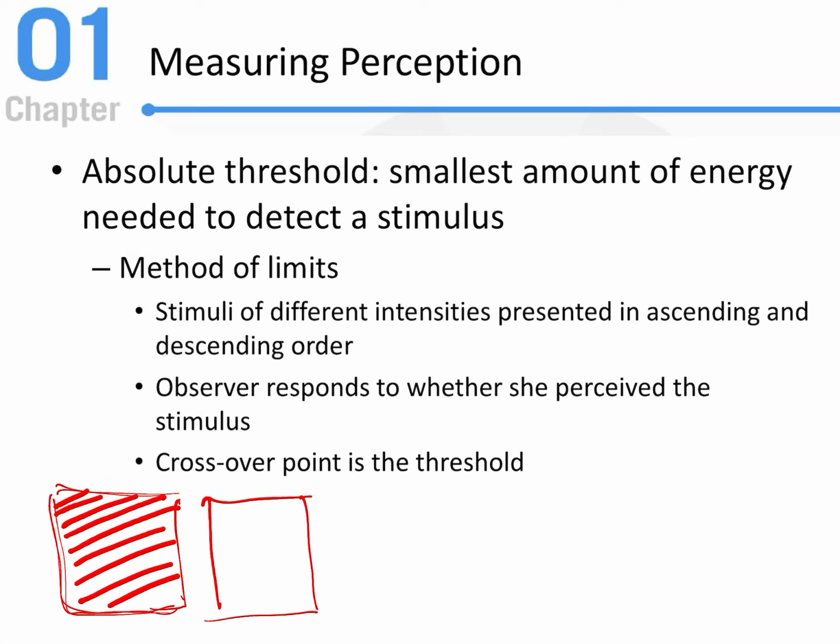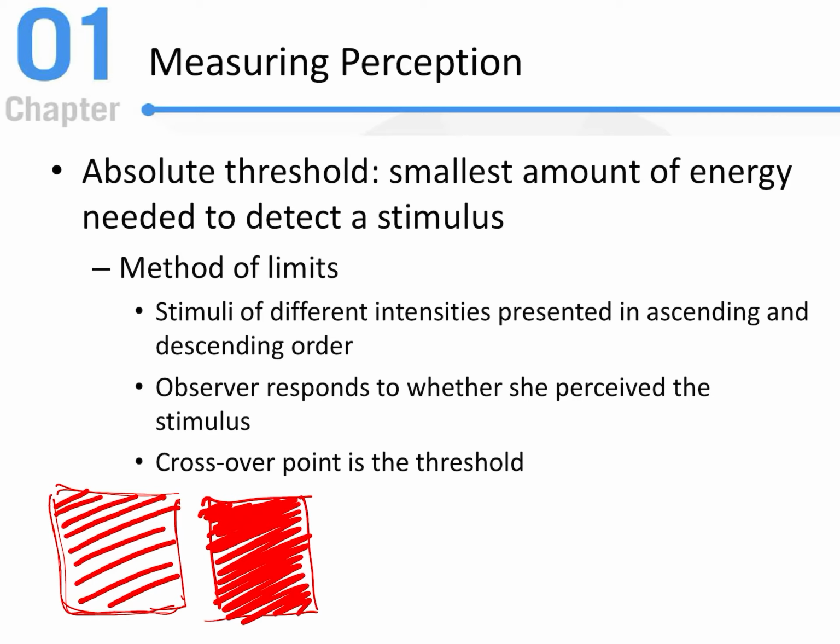You would then change the lights to determine how dark the room has to be to where you can't see anything, right? And we measure this through the method of limits.